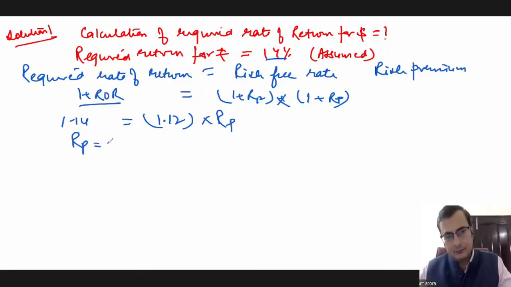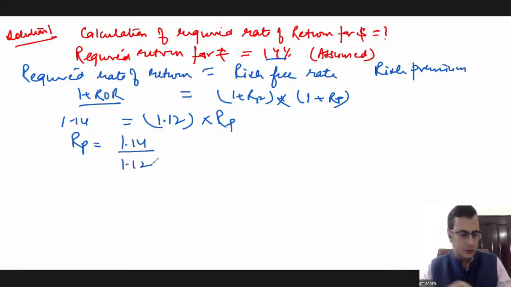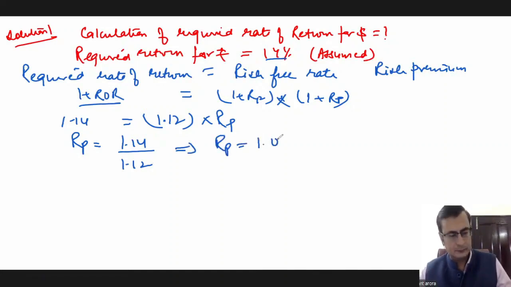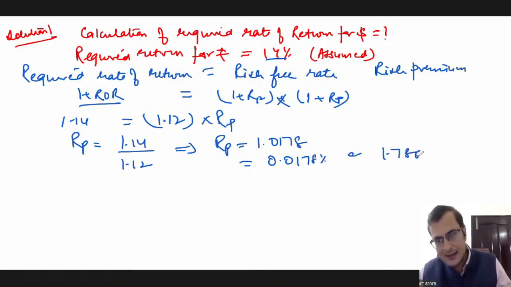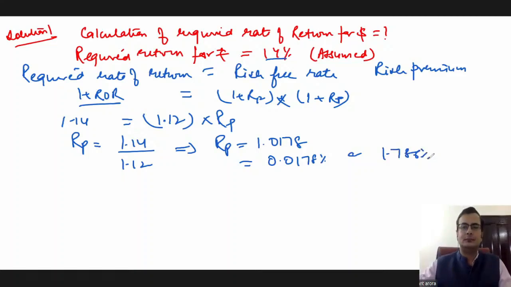RP is simple: 1.14 divided by 1.12, which is 1.0178, or you can say 1.786%. Clear? No doubts?